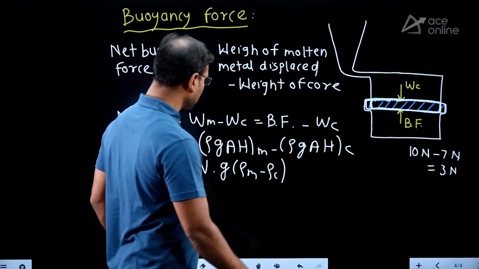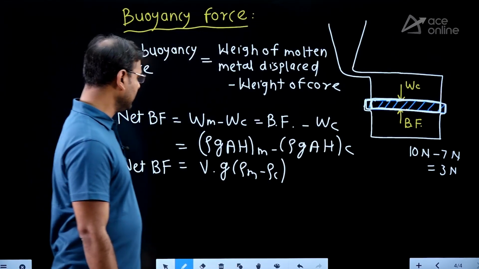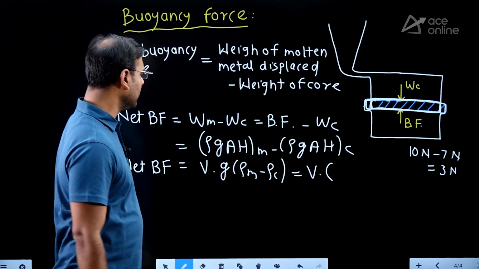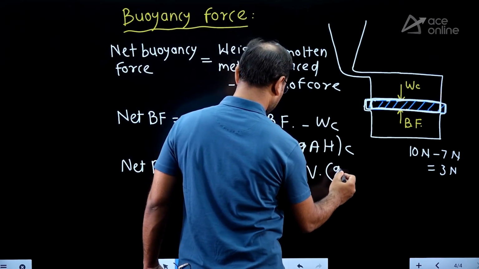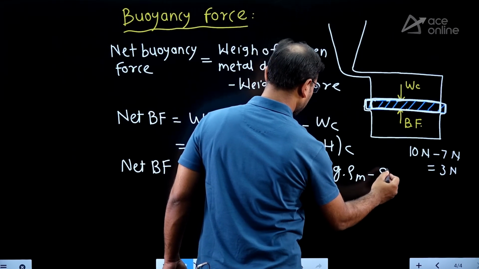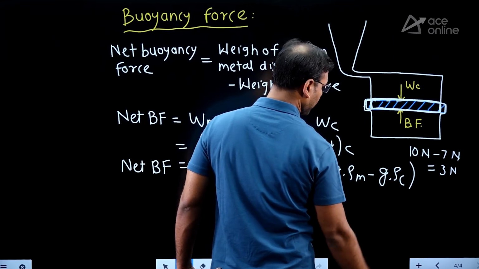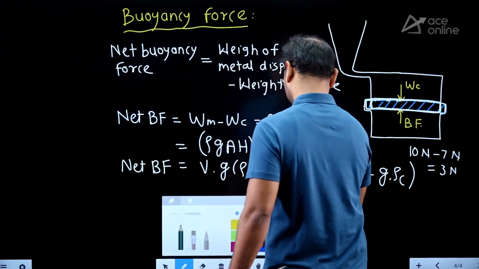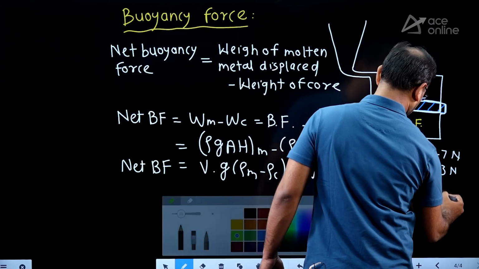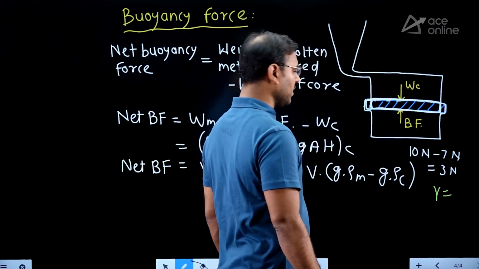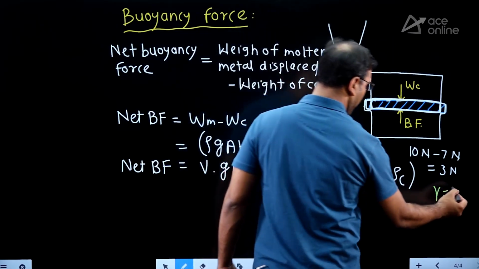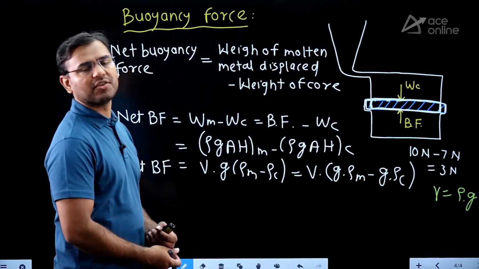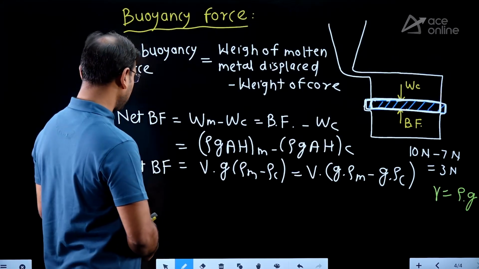Or again, this formula can be written in terms of density. The volume I write, and multiplying by g inside the bracket, g into rho m minus g into rho c. Here it is gamma. Gamma is equal to rho into g. Gamma is the specific weight, or weight density.